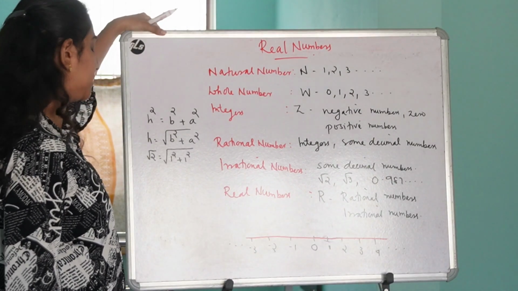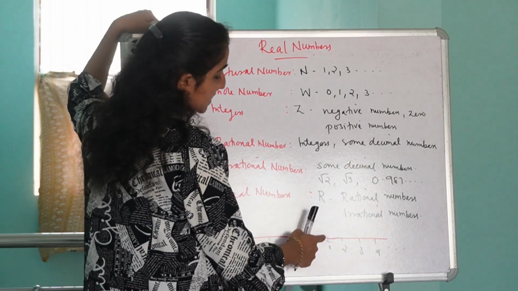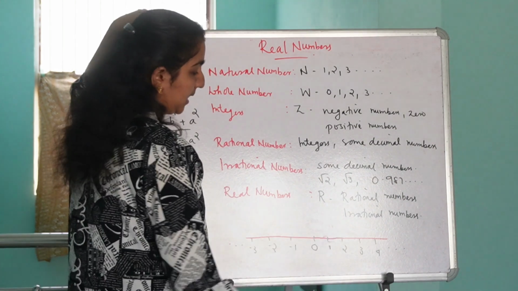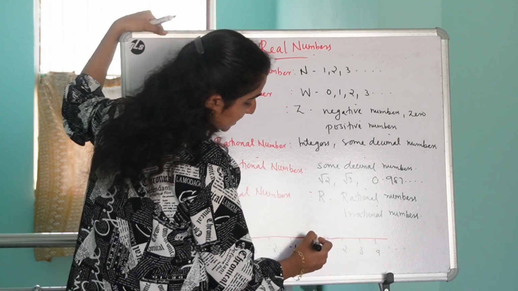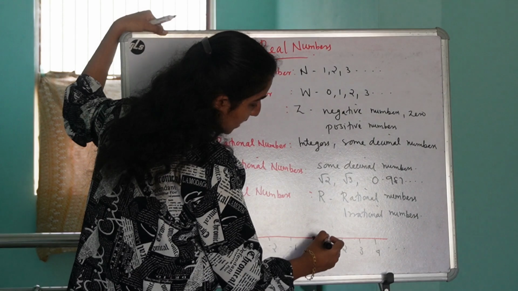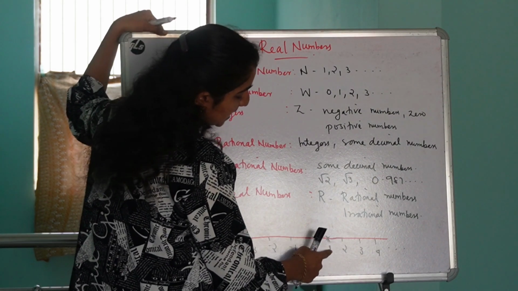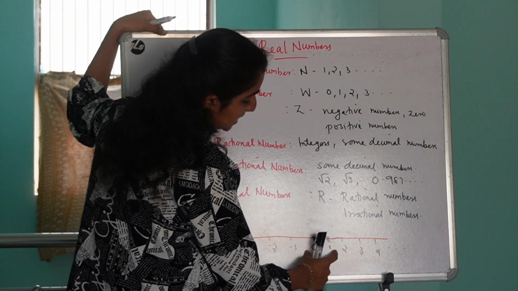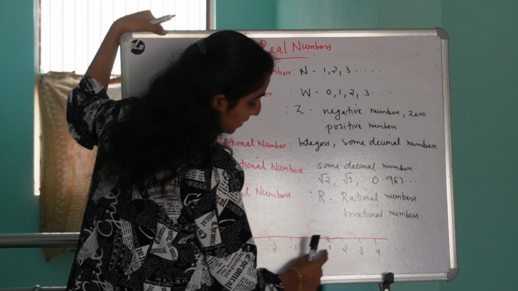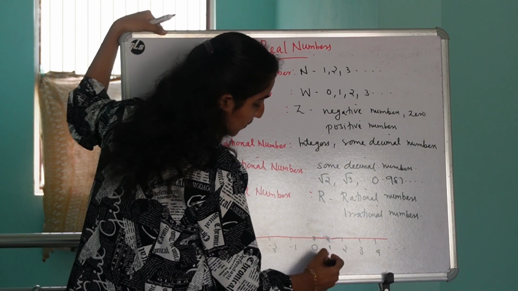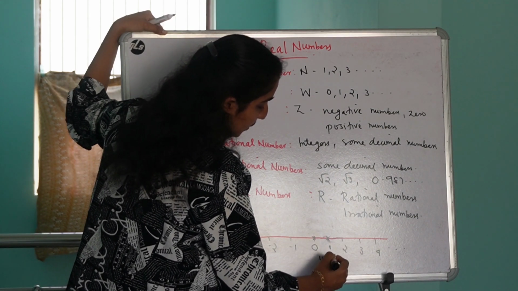Is it clear? Okay. Now on this number line, I am going to consider these 2 points, 0 and 1. The distance between these 2 points 0 and 1 is 1 unit.